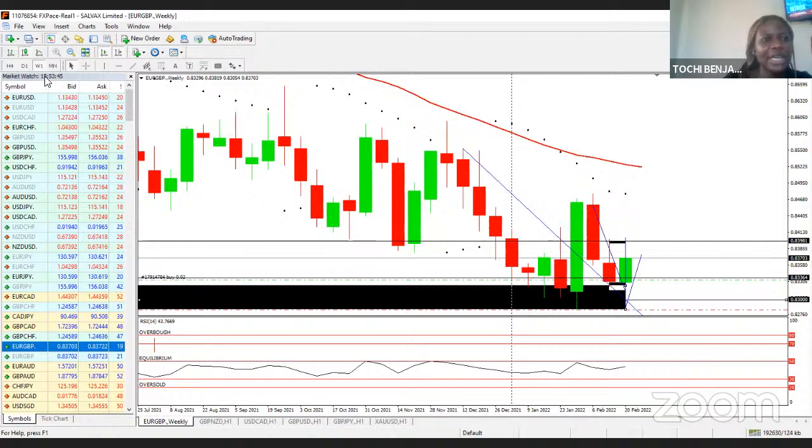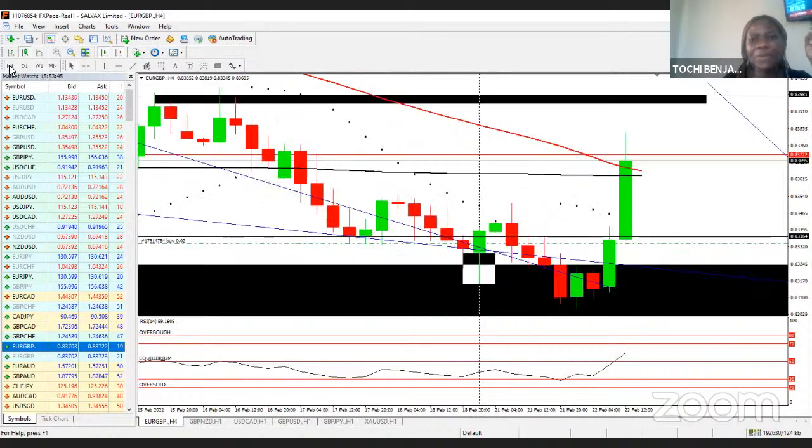I've been on this trade since Monday. I entered on Monday, and I had my stop loss below that range of support. Now look at what price did. Price came back and sold inside my range of support, but I didn't panic because I already had a stop loss below that range.